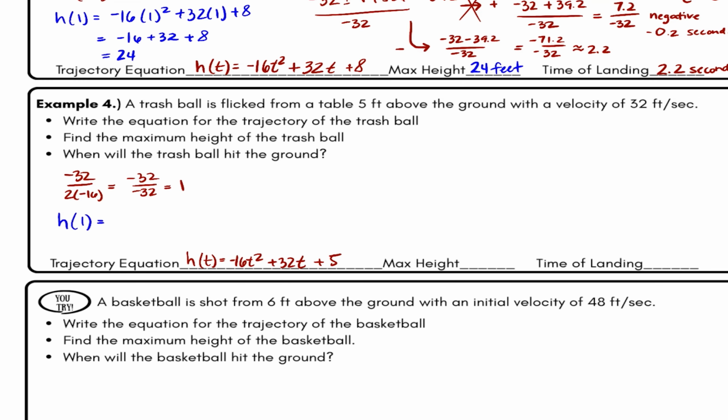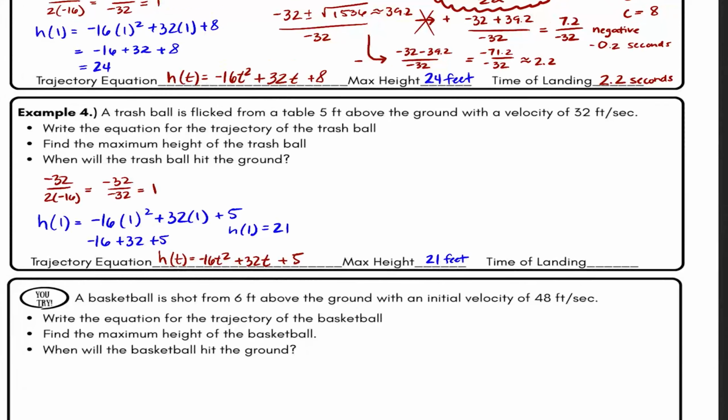So h of 1 equals negative 16 times 1 squared plus 32 times 1 plus 5. So that's negative 16 plus 32 plus 5. So h of 1 equals 21. So the maximum height is 21 feet.